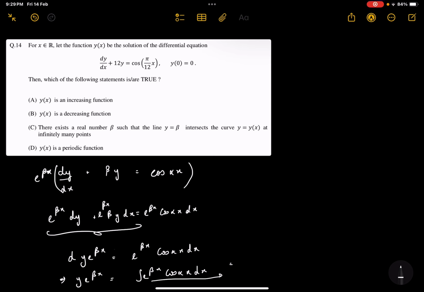It's a standard integral. I think it is e to the power of beta x times (beta cos alpha x plus alpha sin alpha x) on alpha square plus beta square.